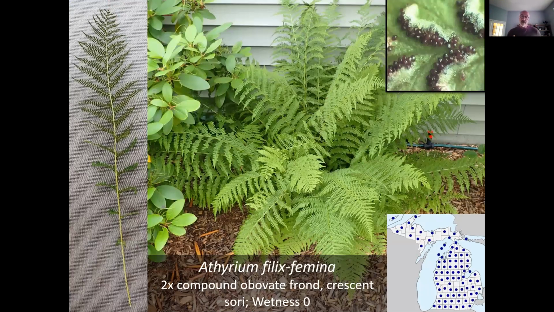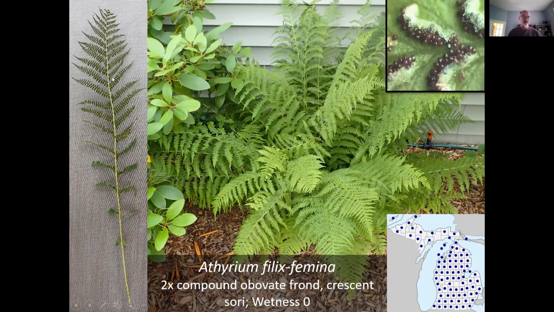So I think a species of particular use to your group, I would suspect, is the lady fern because its wetness index is 0. Pretty easy to identify, rather lacy looking because the leaves are twice compound. Also, in silhouette, the fronds are obovate, meaning the widest part is not in the middle.